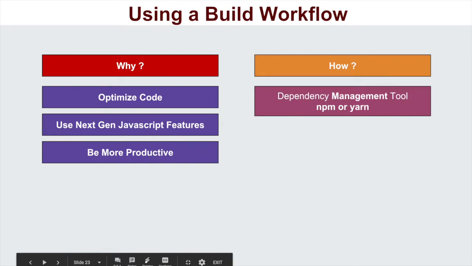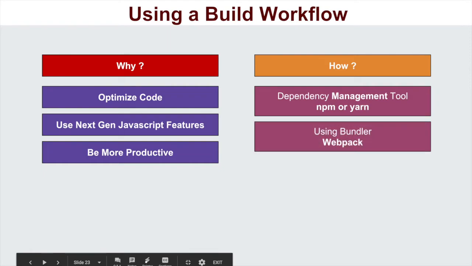So the compiler for next generation to current generation JavaScript is a dependency. And we will use npm here, or yarn would be another tool you can use. But we will use npm, the node package manager, a tool which allows us to manage packages and which is the de facto standard for managing dependencies also on front-end projects.